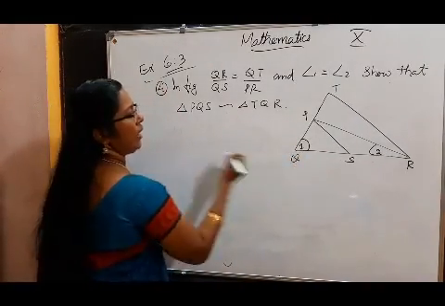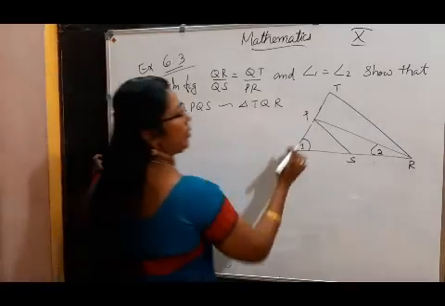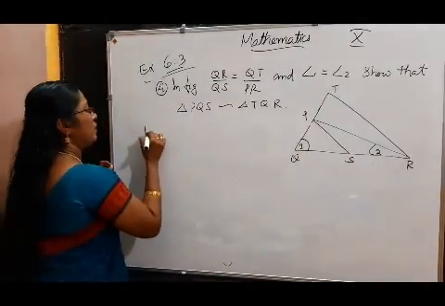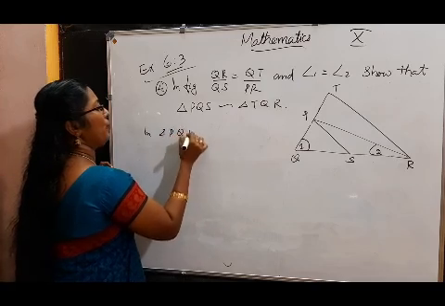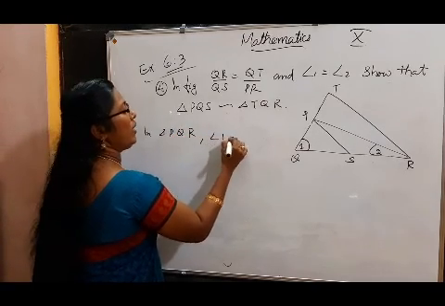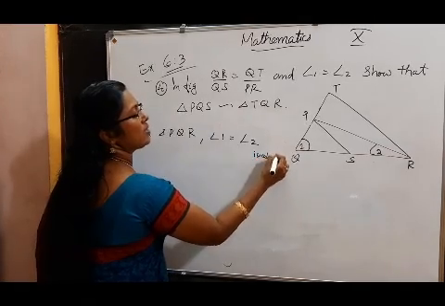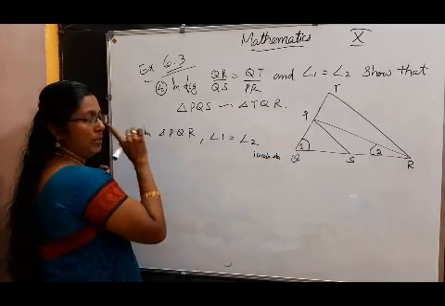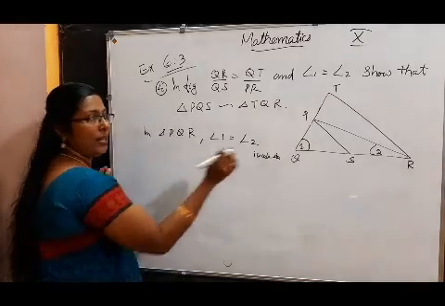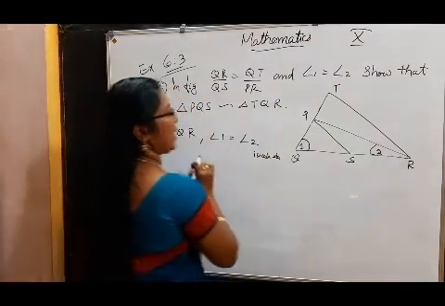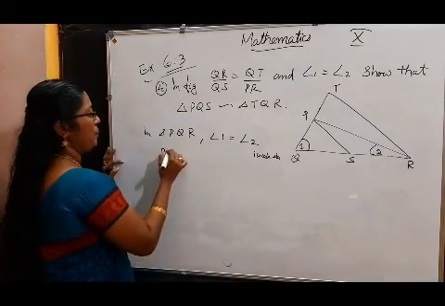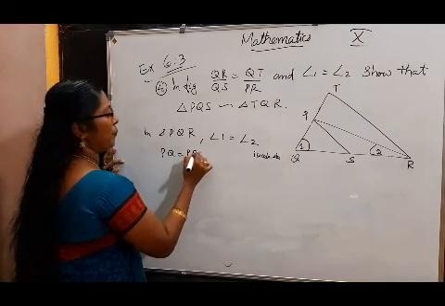In triangle PQR, angle 1 equals angle 2. That means it is an isosceles triangle. In an isosceles triangle, sides opposite equal angles are equal. That is PQ equals PR.